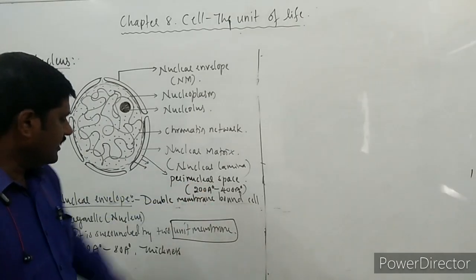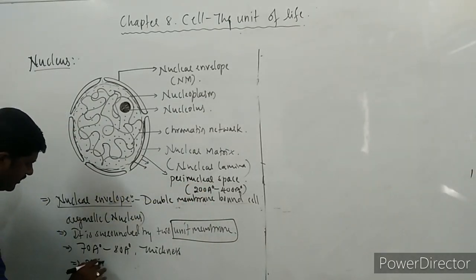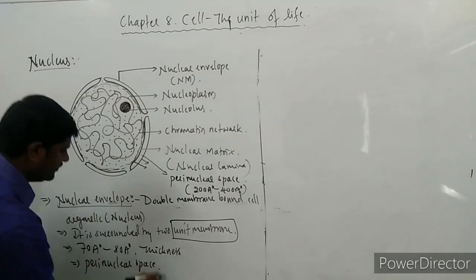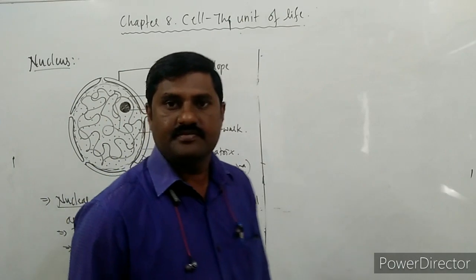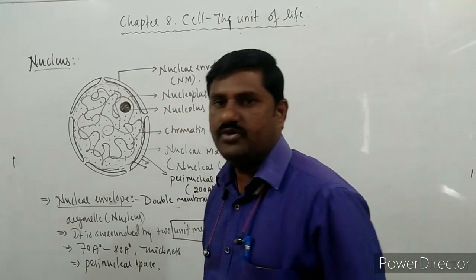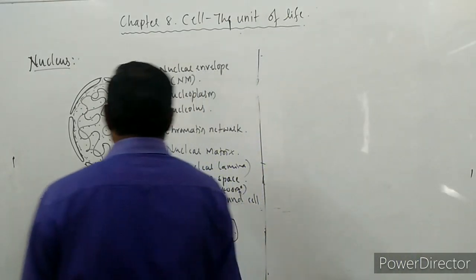So there is a space between the two unit membranes. That space is the perinuclear space.